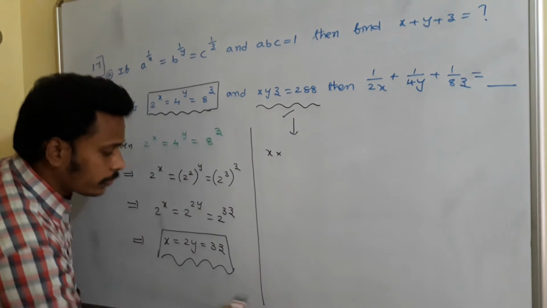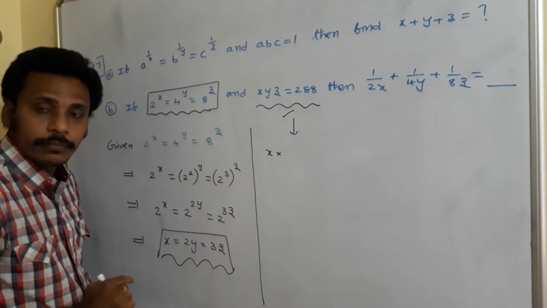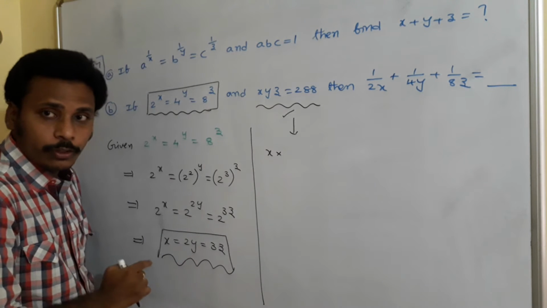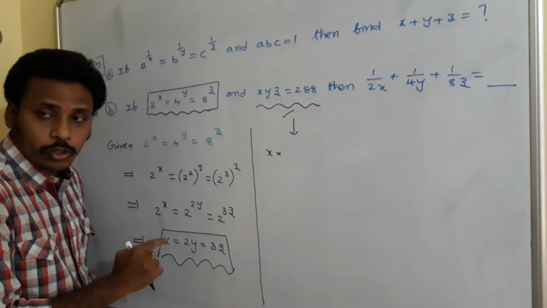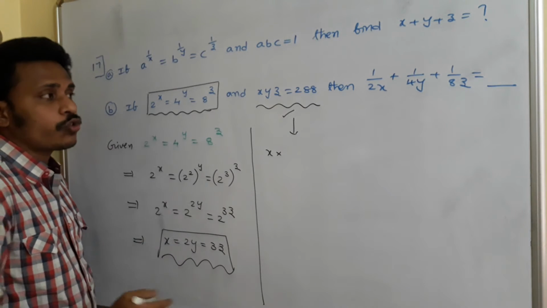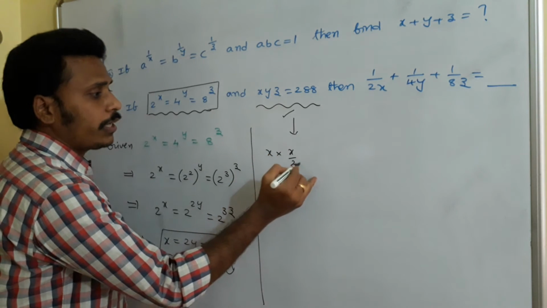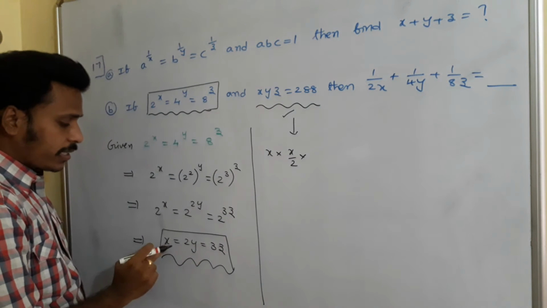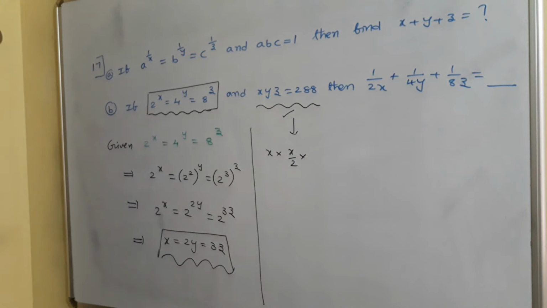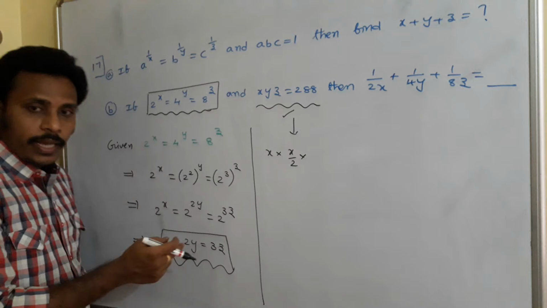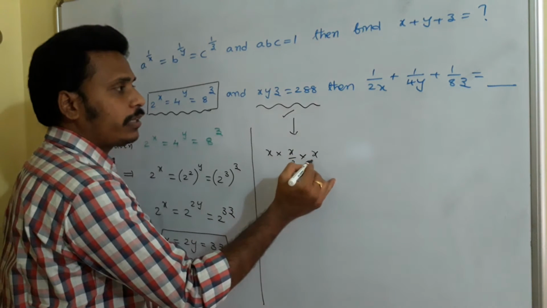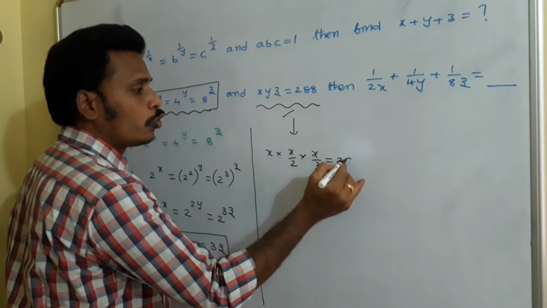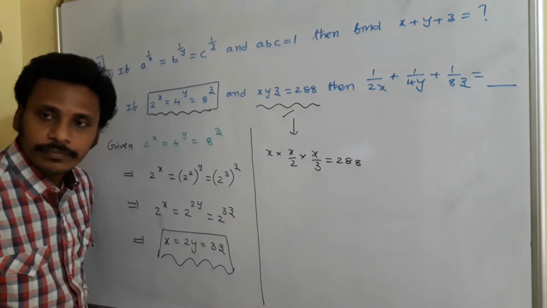What is y? x is equal to 2y, then y is x by 2. And x is equal to 3z, then z is x by 3.